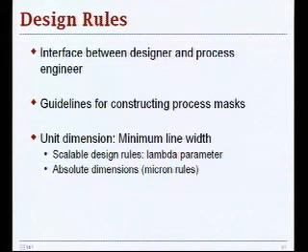But the problem with these rules is that not all the parameters follow a linear scaling relationship. And also, when you want to compare different technologies, you need to take the worst case over the entire set. So you basically end up with conservative rules that don't really give you good density and so on.